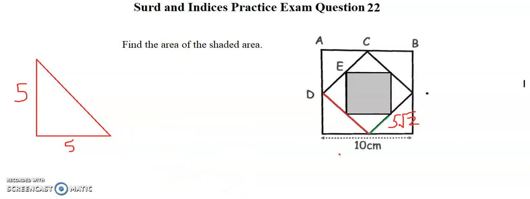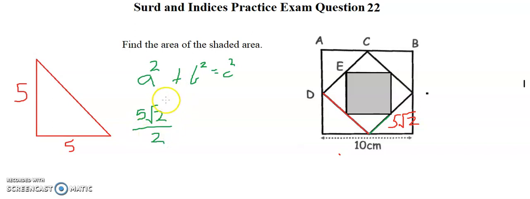That means if I rewrite the equation, a squared plus b squared equals c squared. I know my a is 5 square root 2 divided by 2, and that is being squared.